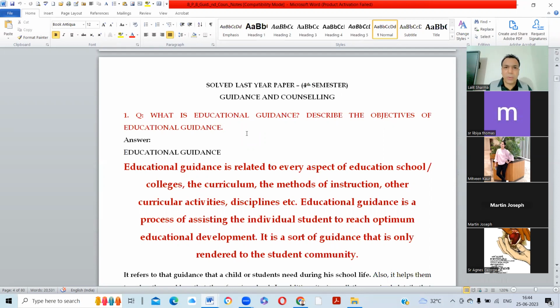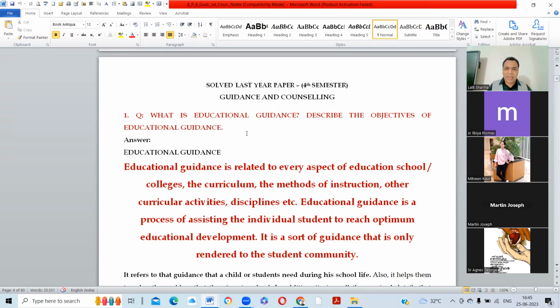If I ask the question from you, guidance means you have to provide the complete information to the student, and you have to ensure that the student has understood that information and has implemented that information into action. Then guidance completes. Got it? Guidance doesn't mean that you have given one piece of information and you are boasting about yourself, I have given a very important information to the student. So guys, guidance does not complete here.